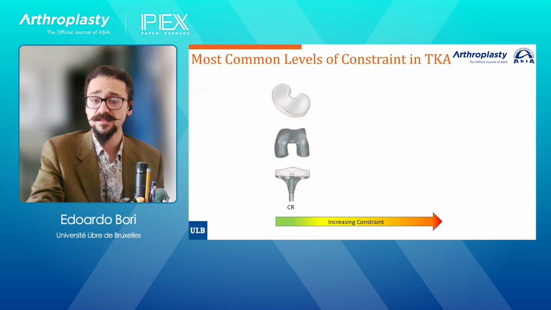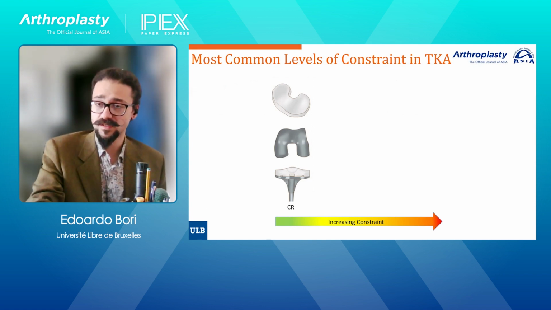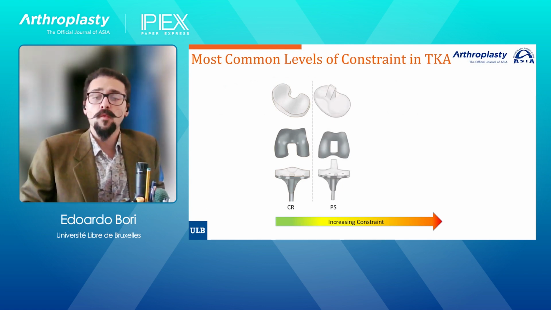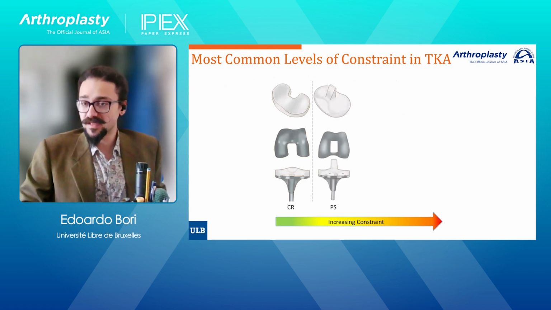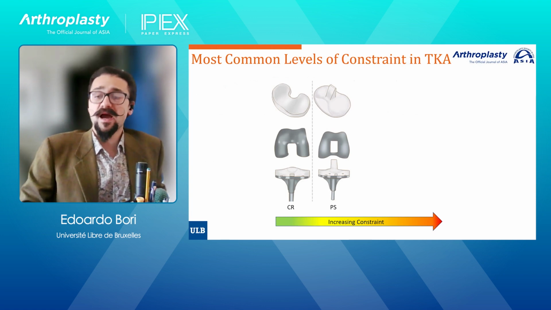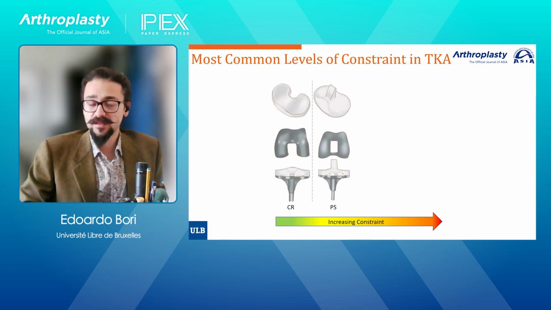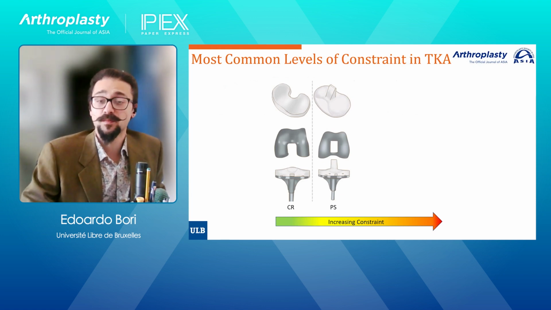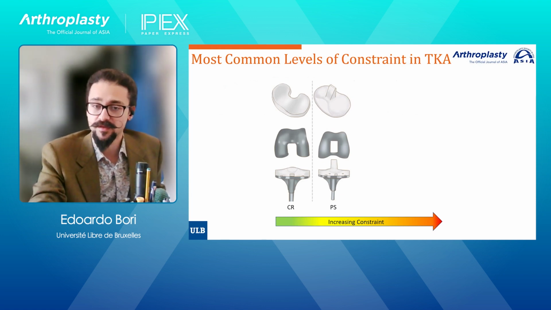But in case this cruciate ligament is not acting as it should, we can proceed with a posterior stabilized, in which the action of the ligament is covered instead by an artificial post-cam system, as represented in the figure.